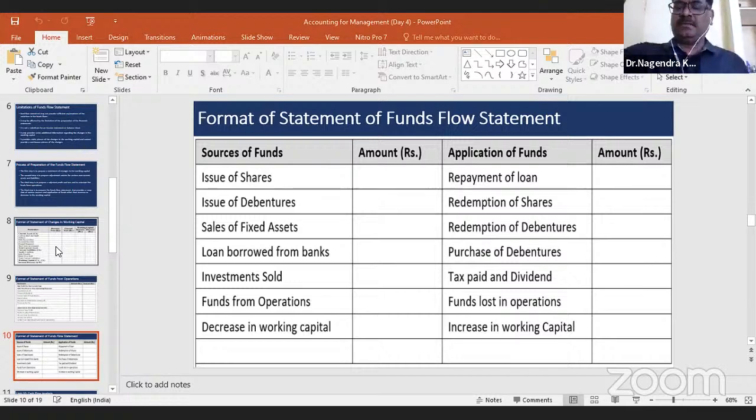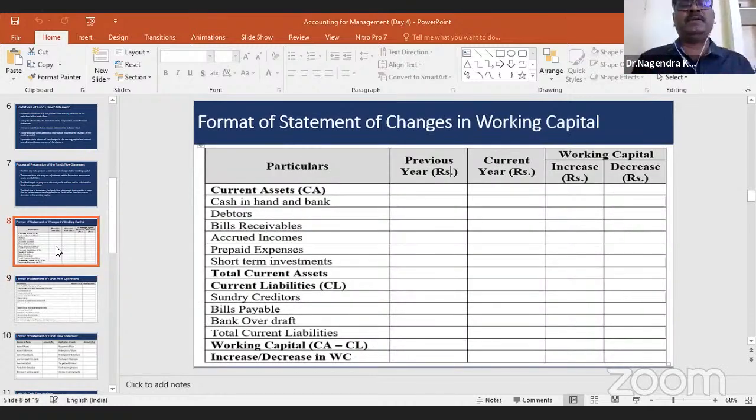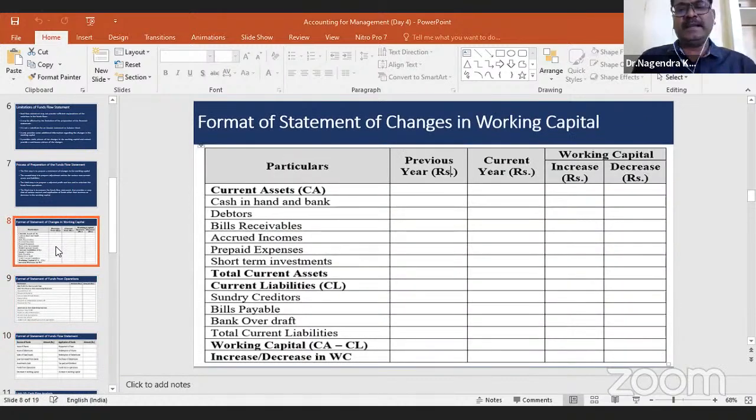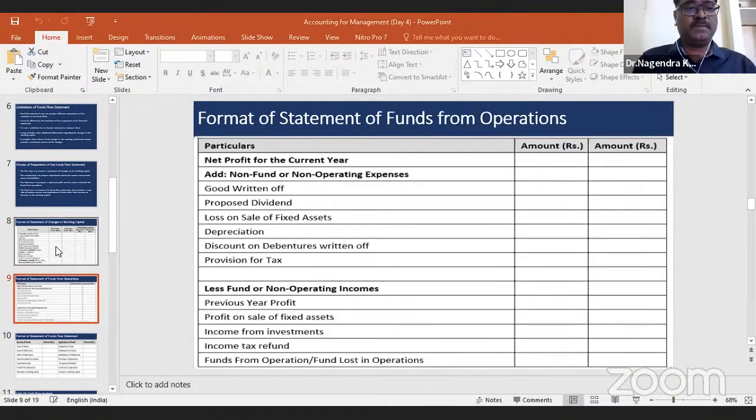First go through assets, then go through liabilities, so that we will understand for which item we have an adjustment and for which item we don't. So when the problem is given, we will immediately have an idea where we have to do the adjustments and where we can go directly with the information given in the balance sheet. So keep an idea about all three formats for the funds flow statement.